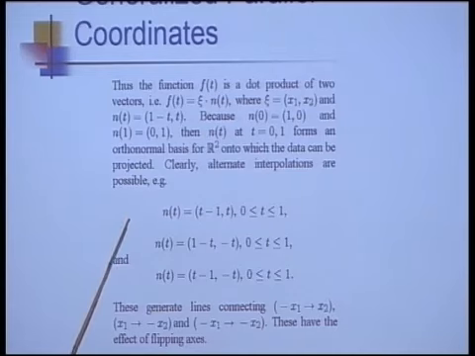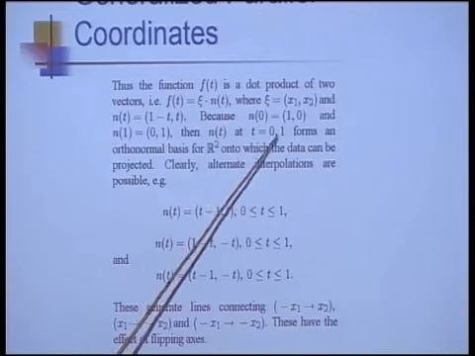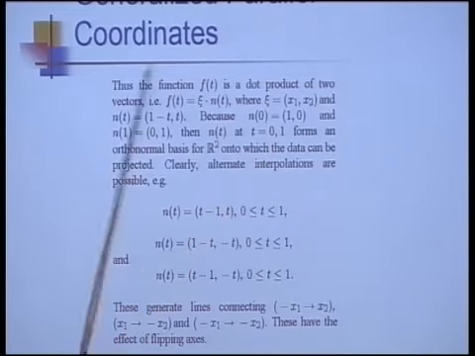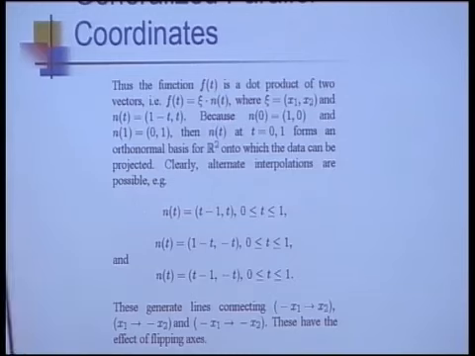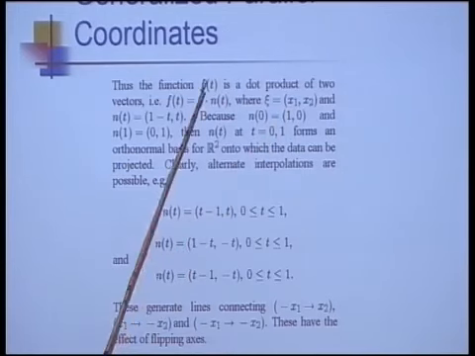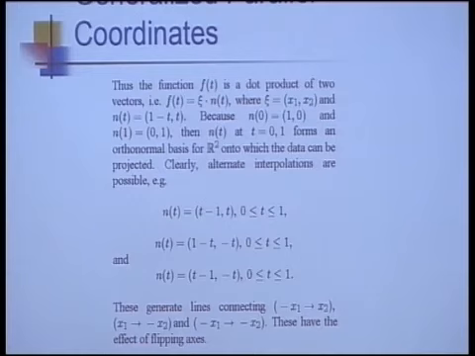The idea, though, is that if we look at n0, that's 1 and 0, and if we look at n1, it's 0 and 1. So when we dot that, the first point will be x1 and the second point will be x2. And so this is just the straight line that joins x1 to x2 in parallel coordinate space.